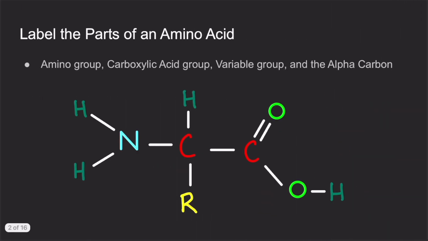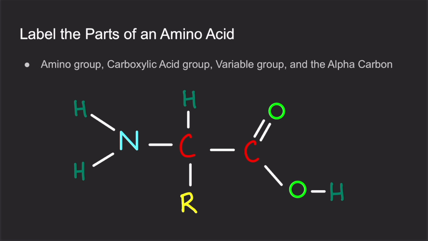Okay, so in order to understand proteins, we need to actually understand what they're made of. Proteins are what we call peptides, okay? They are long strings of monomers, okay? Monomers are just kind of the smallest subunit. You put a bunch of monomers together, you get a polymer.